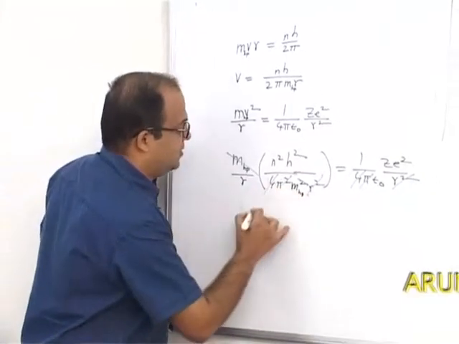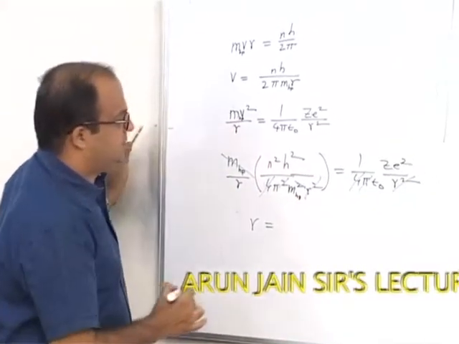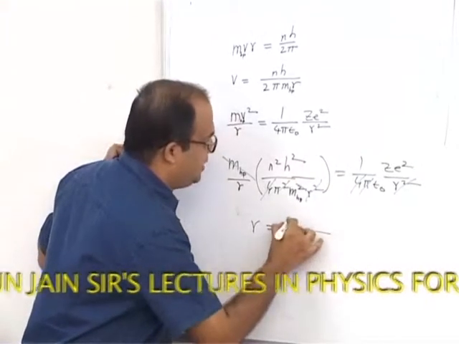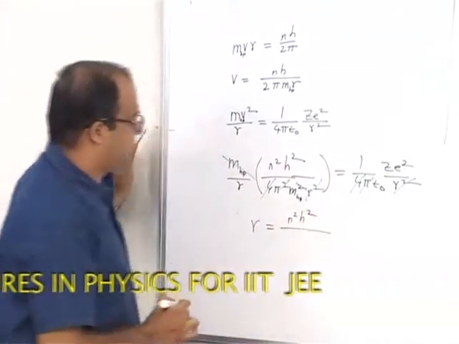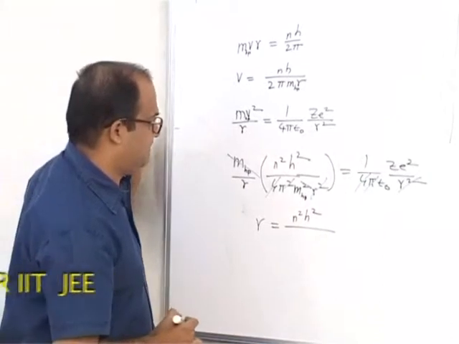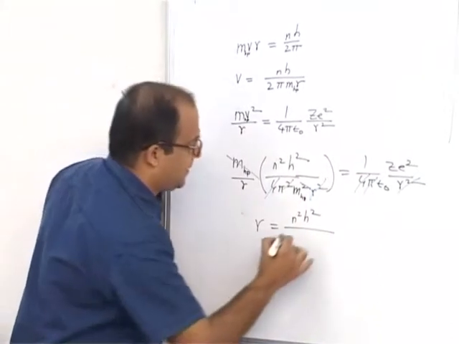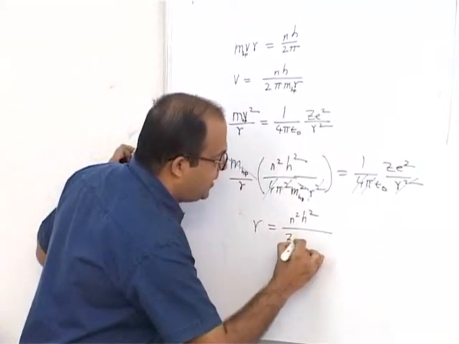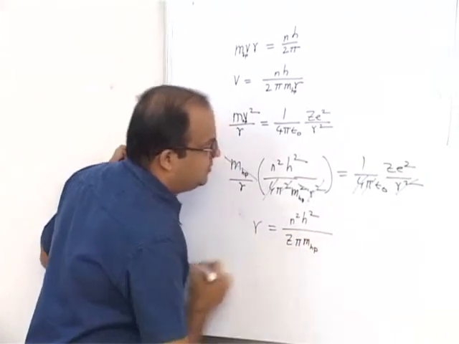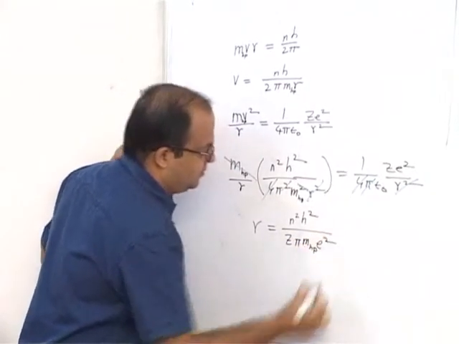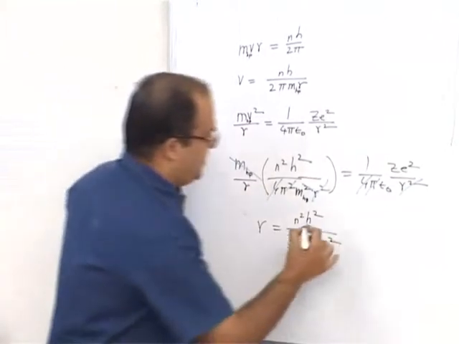So r will become n square h square upon Z pi m_hp e square. So now Z is 4.